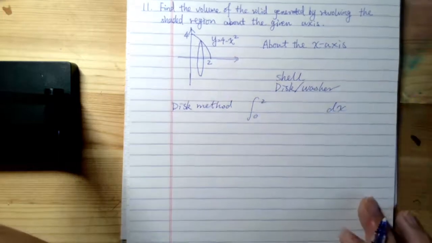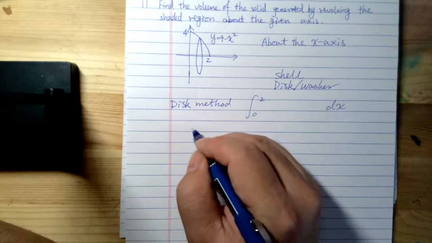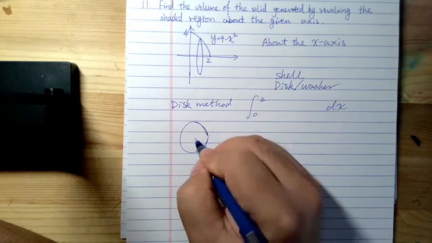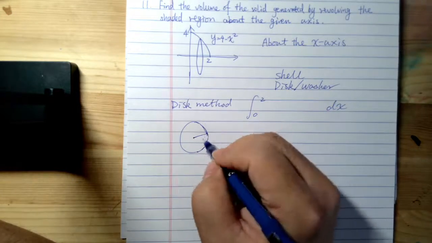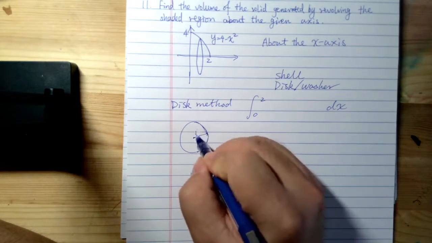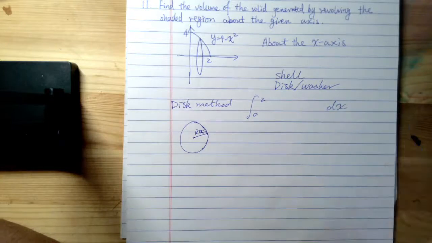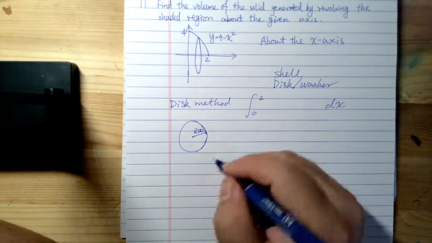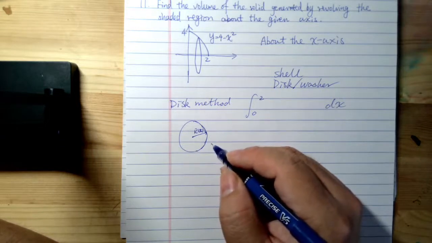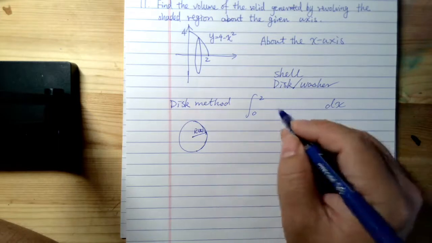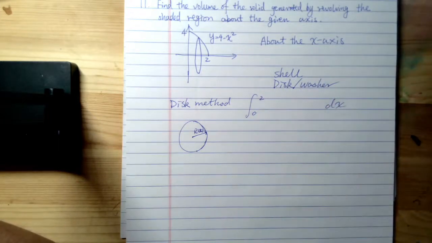Okay, so let's go back to a little bit more detail. When we're using the disk method, you know that the cross section is a disk. So we need to figure out the radius of a general cross section, and then the area of this disk, so that we can do the integration to figure out the corresponding volume.